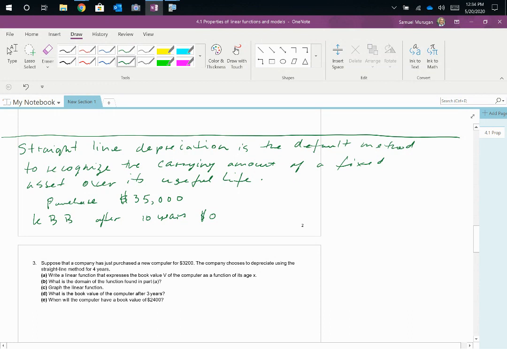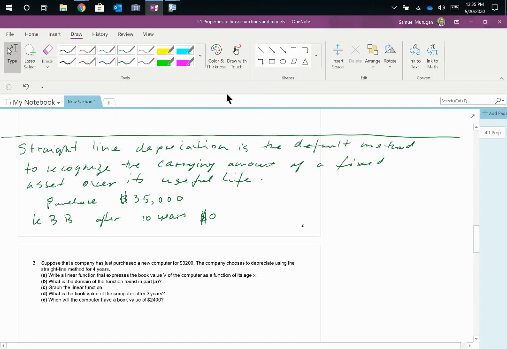They've used straight line depreciation to tell you that your car that you bought for $35,000 at year zero, after 10 years, is worth nothing. Now, keep in mind that that depreciated value may not necessarily be the real value of the car. If it's a good car, you probably could sell it for some money, but the book value after 10 years is $0.